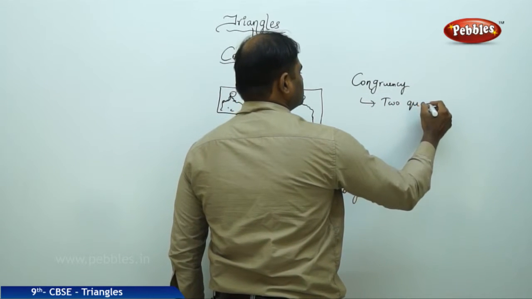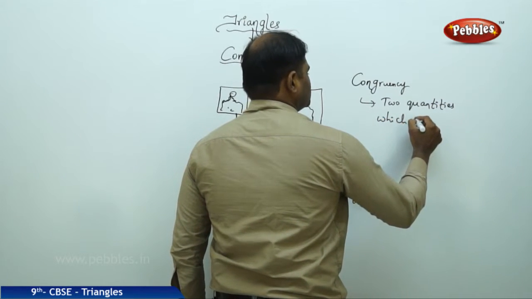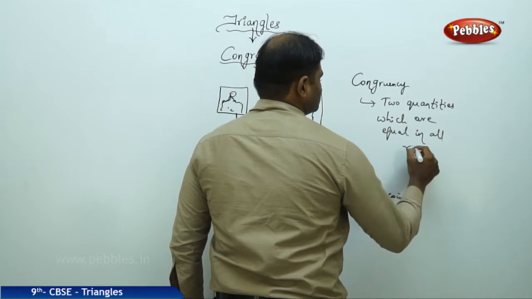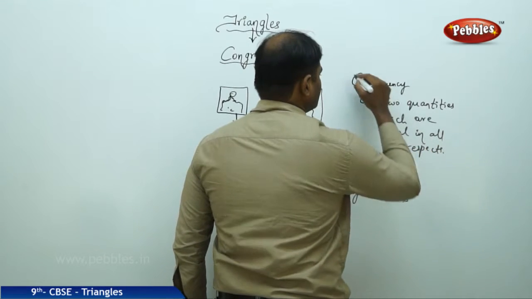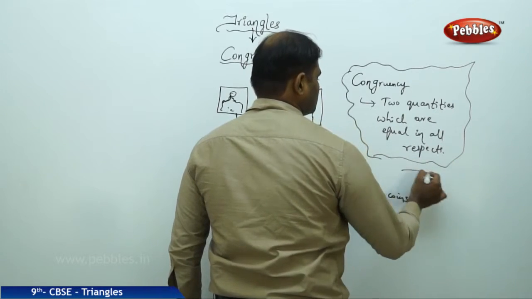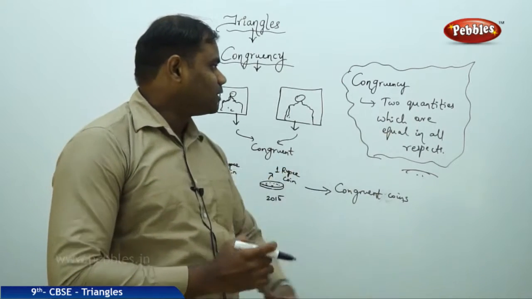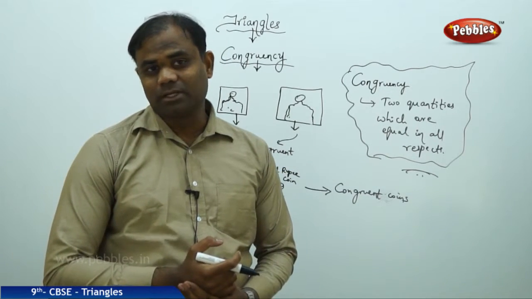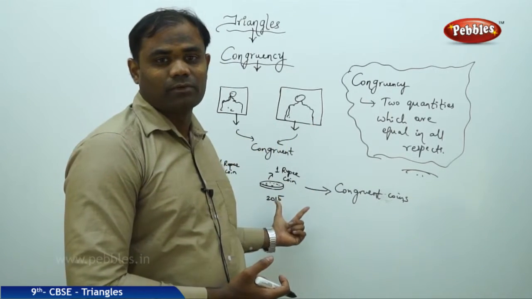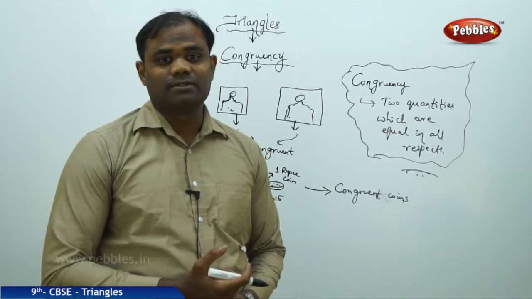Two quantities which are equal in all respects are said to be congruent quantities. Congruent photos, congruent coins is how I understand the definition of congruency.